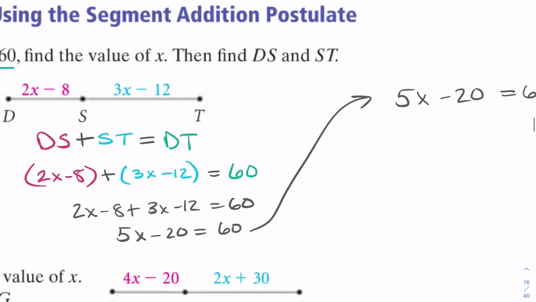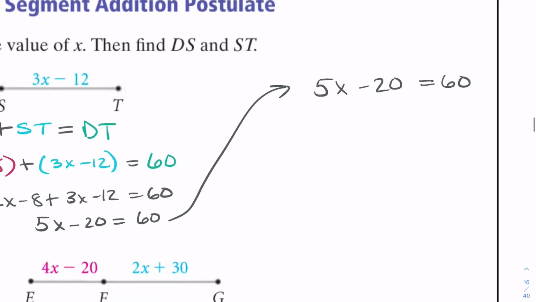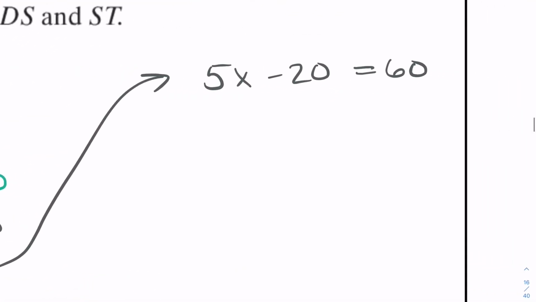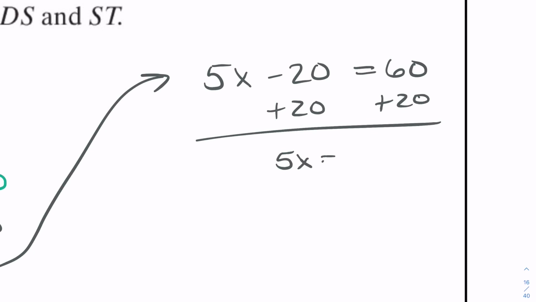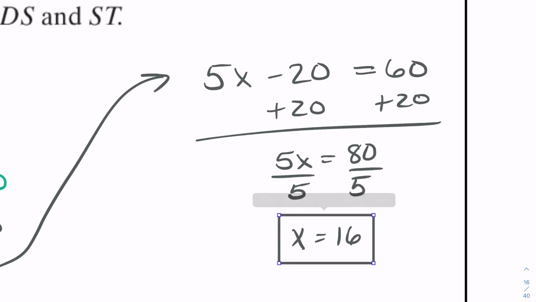Let me just make sure I do my math right up until now. Minus 20. Yep. Okay. So add 20. I get 5x equals 80, divided by 5. X equals 16. All right. X is equal to 16.